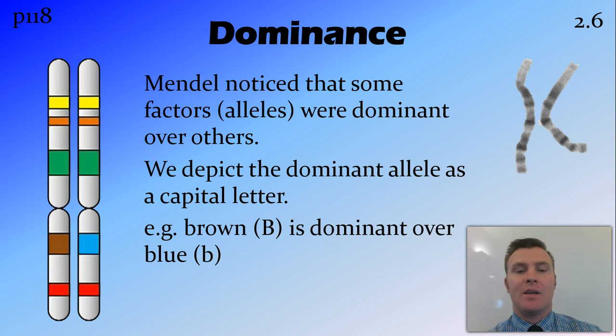This example is a little bit confusing because both have the same first letter, the B, but if we're looking at the color of the flower, the purple allele would be big P, while the white allele would be small p. So that letter is taken from the dominant allele.